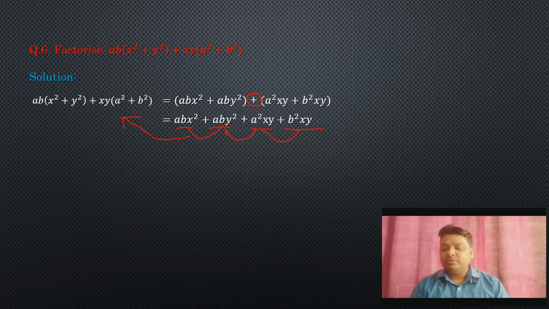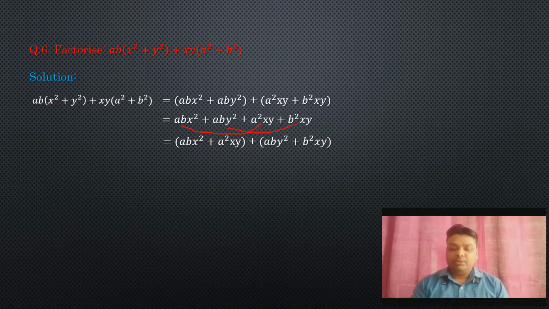How? Here you can see, and we can keep it in bracket also. It means we can write a square xy with ab x square in bracket, same as ab y square with b square xy in bracket. Now you can see that here something is common. What is common? Here a only one, here a power 2. It means 1a we can take common.